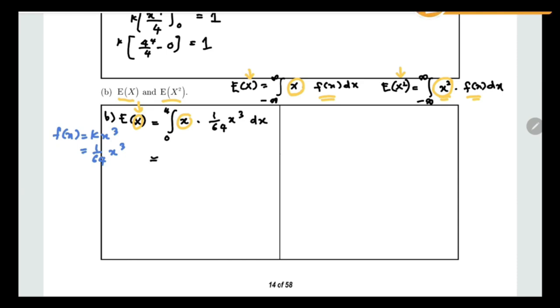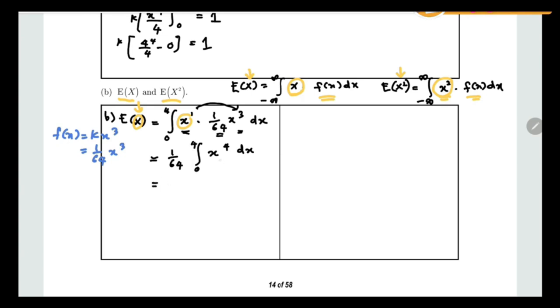Before we integrate, we are going to multiply this x with the other x cubed. Since we have 1 over 64 here, I will take out the 1 over 64. So it is 1 over 64 times the integral of x to the power of 4, since x to the power of 1 multiplied with x to the power of 3 gives x to the power 4. Don't forget the limits, from 0 until 4.